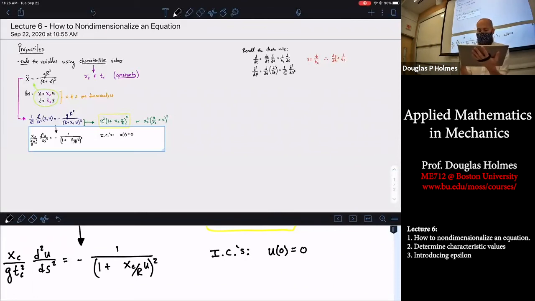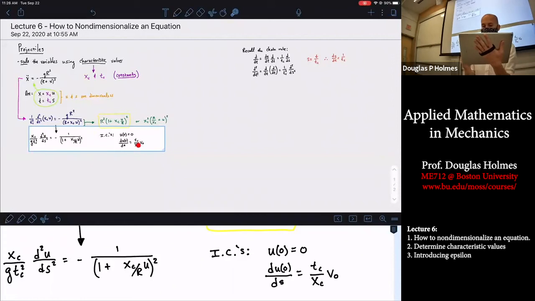My second one is my velocity, so I would have to apply the chain rule that I discussed earlier, saying that the derivative of u at time 0 with respect to s is equal to my characteristic time over my characteristic length.